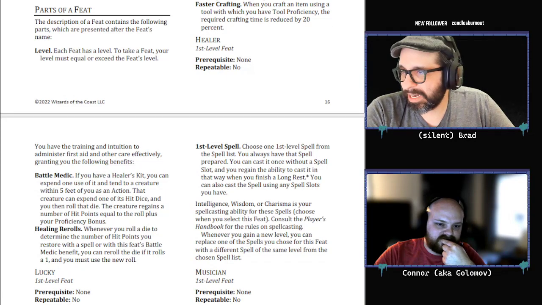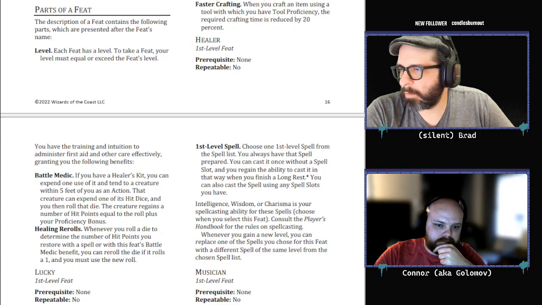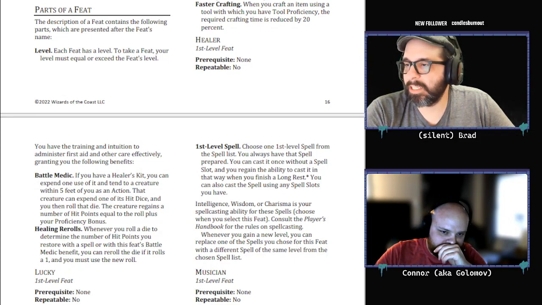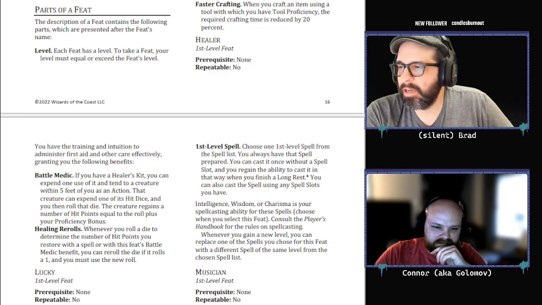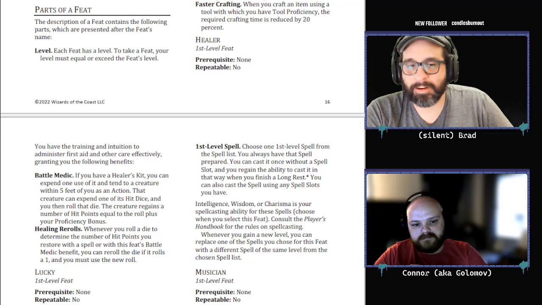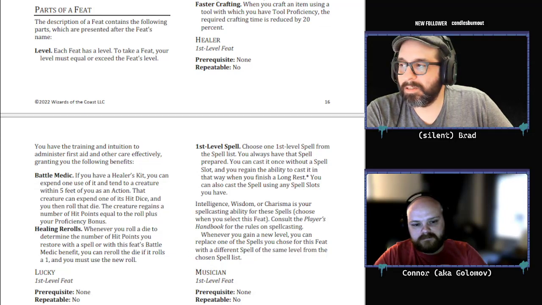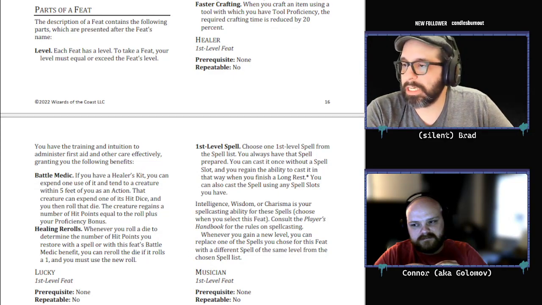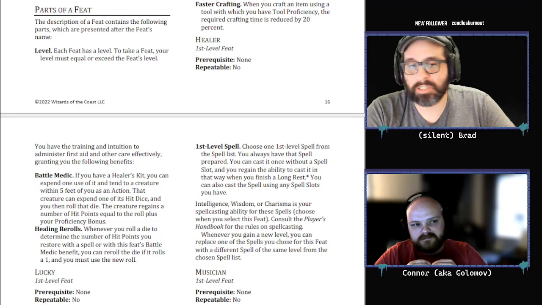Now with Battle Medic, you can expend a healer's kit, 1 use on a creature within 5 feet. They can expend 1 hit die and then get that many hit points plus your proficiency bonus. So rather than healing the barbarian for 1d6 plus 4, they can roll a d12 plus your proficiency.